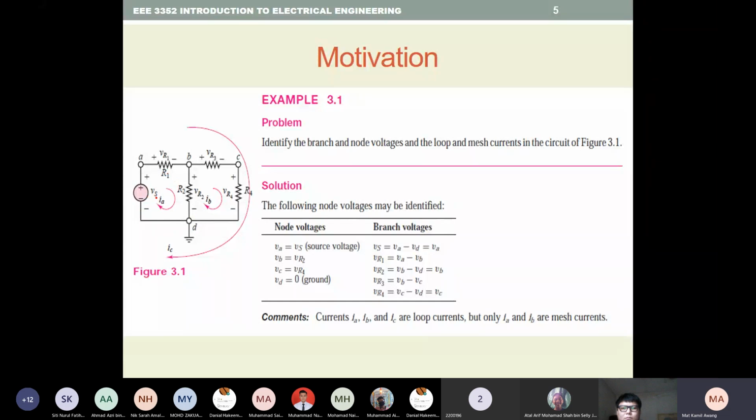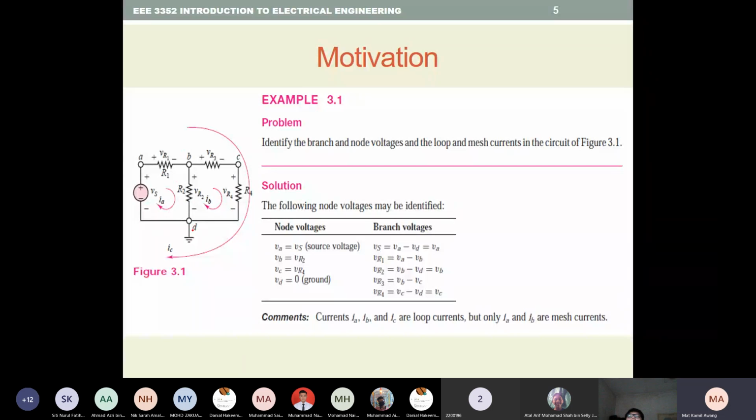So this is one loop, which we call IA. The second one is the loop which consists of R2, R3, and R4. And another loop is the outer loop, this IC, which consists of Vs, R1, R3, R4. So IA, IB, and IC.